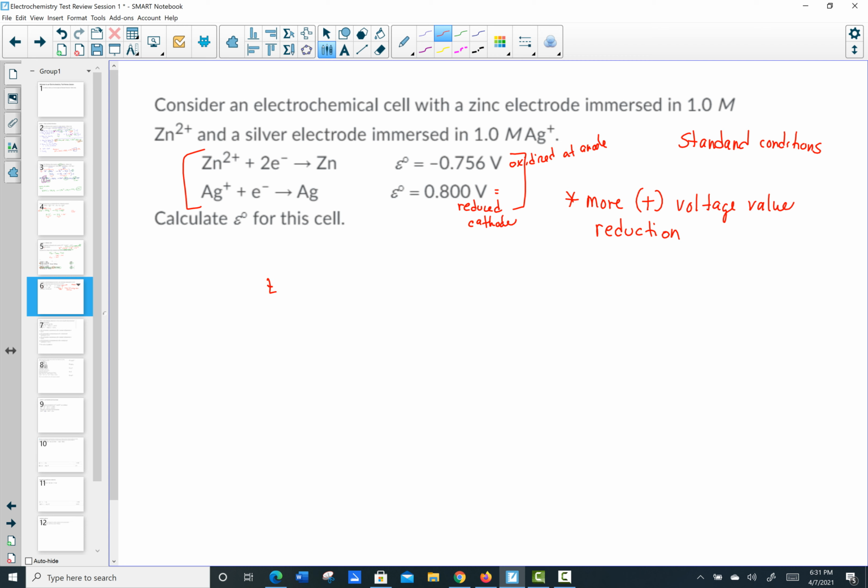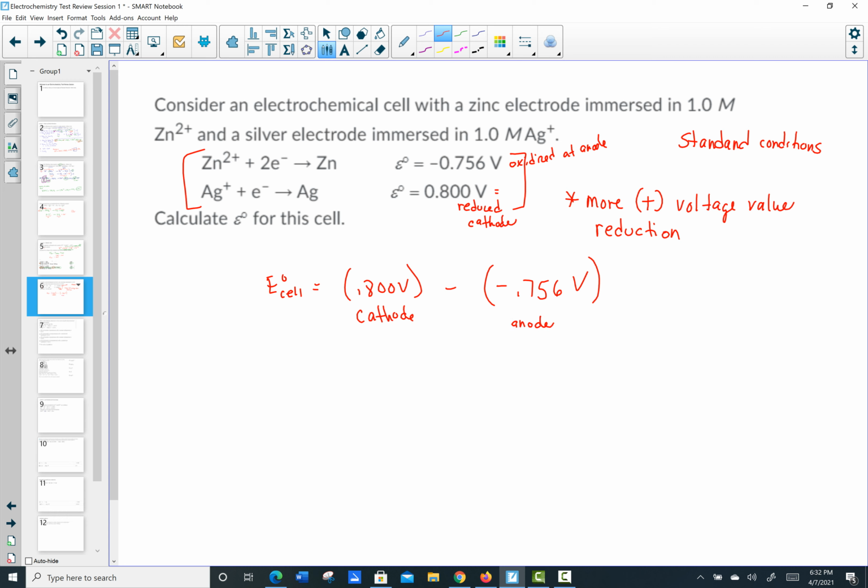And now once I made that decision, E cell is very simple. The more positive number, 0.800 volts, which is occurring at the cathode, minus negative 0.756 volts, which is the value at the anode.